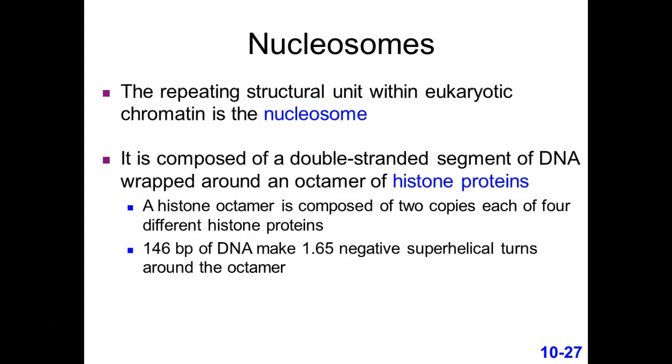We can take a strand of DNA containing about 146 base pairs. So A, G, T, C, A, G, T, C, right? Count out 146 of those. We will wrap that amount of DNA around this histone protein complex that we call the nucleosome.